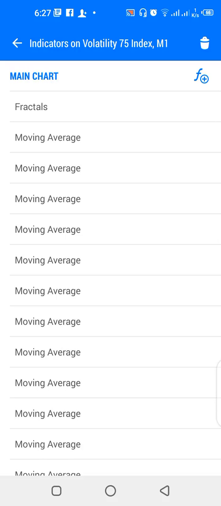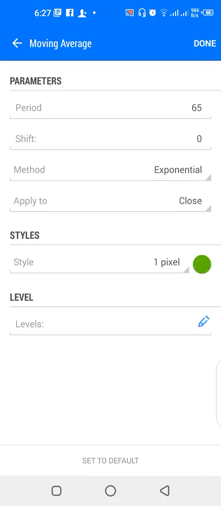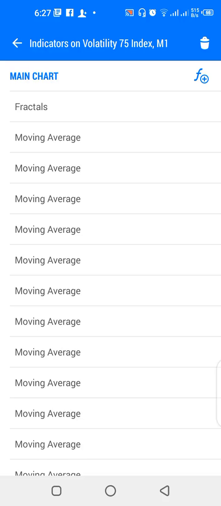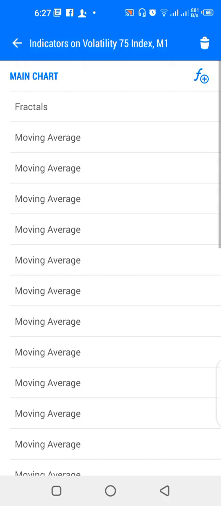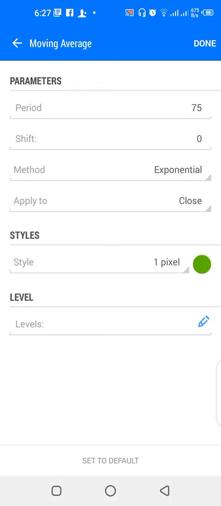Eighth is 65 EMA, color is also green. Ninth is 70 EMA, color is green. Tenth is 75 EMA, color is green.